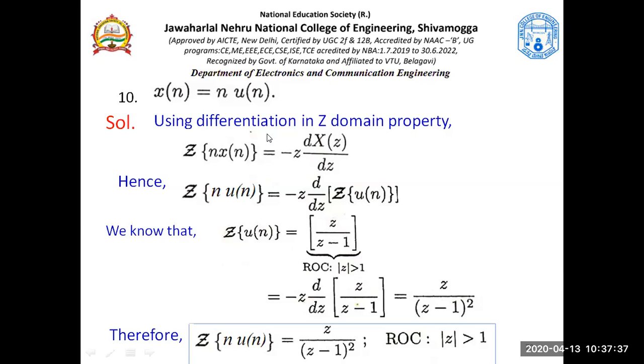Just to see how much you understand, can we have a signal with t as the multiplication factor here? In place of n, can we have t? Can we have t u of t as a signal? Can we have the z transform of t u of t is the question. No is the answer. Why can we not take the z transform of t u of t?